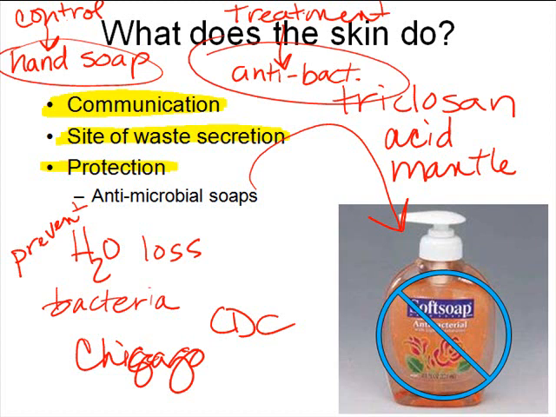And so you might think, well, if there was no difference, then there's no harm in me using an antibacterial soap. Not true. Triclosan is an antibacterial agent. The more we expose bacteria to triclosan, the more we increase the likelihood that some of those bacteria will develop resistance to that triclosan.